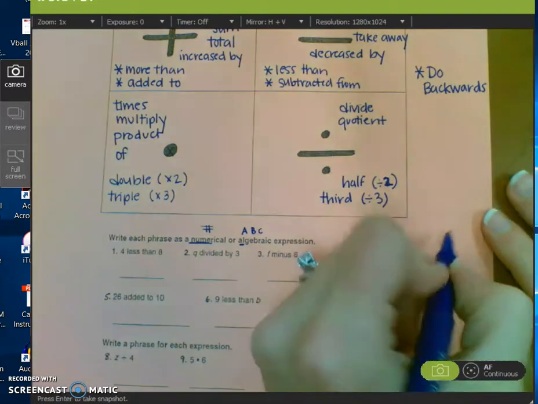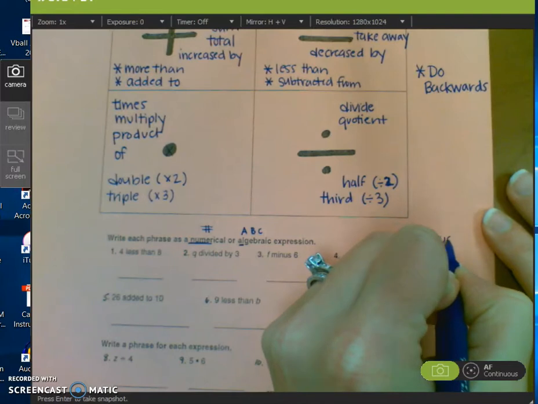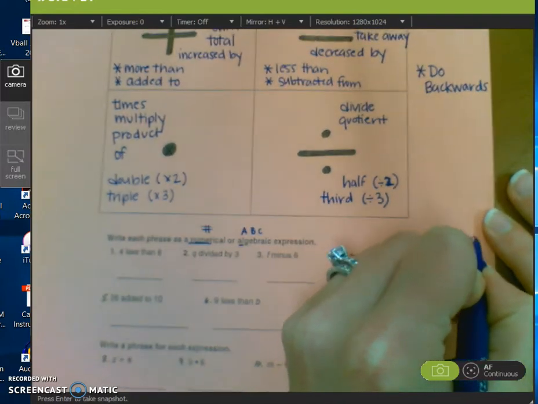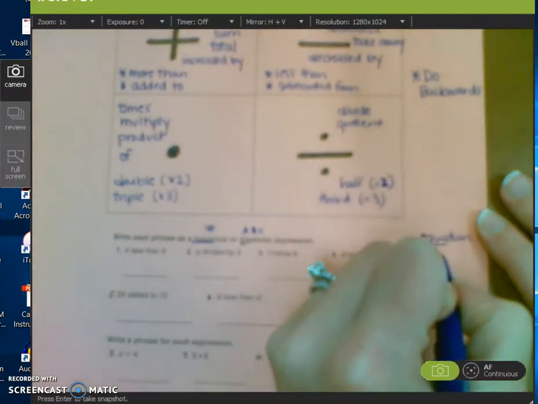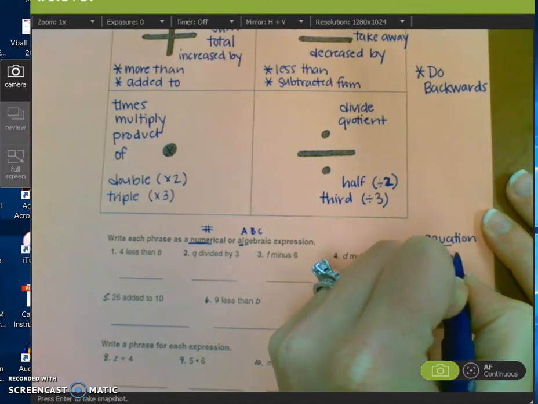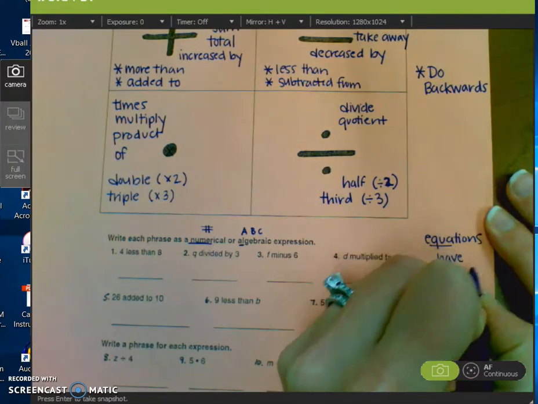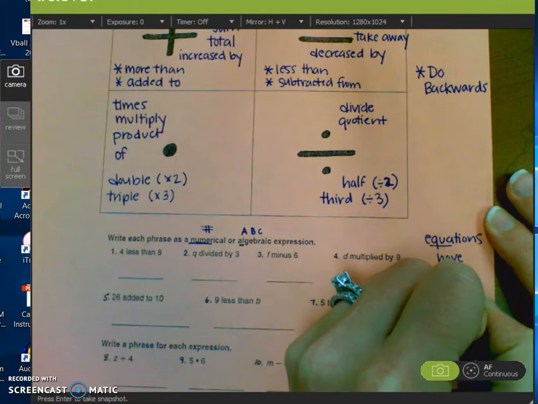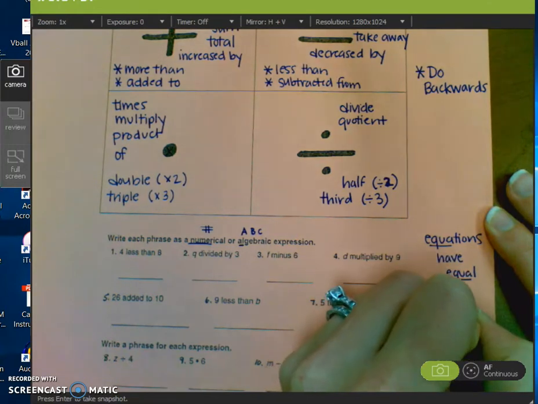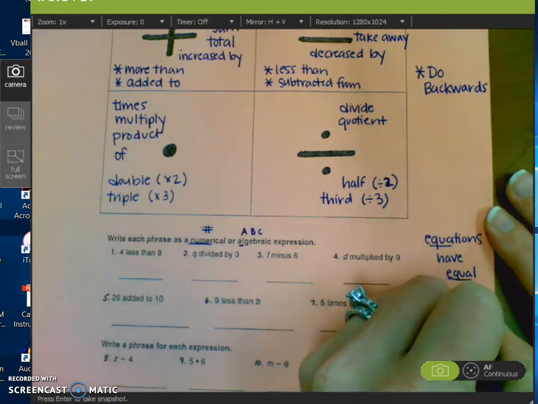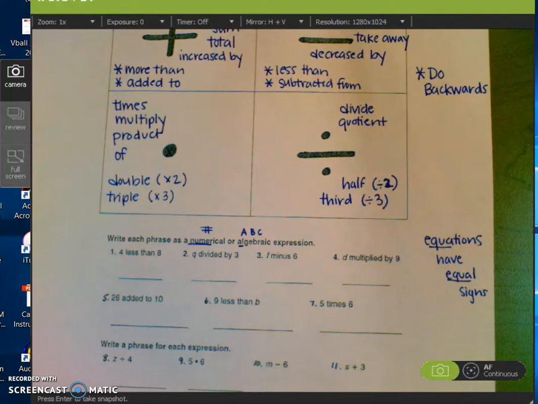If you think about the word equation, it starts out like equal. Equations have equal signs. Expressions do not. So we'll be writing all of these without equal signs. That's just a little bit of background on vocab.